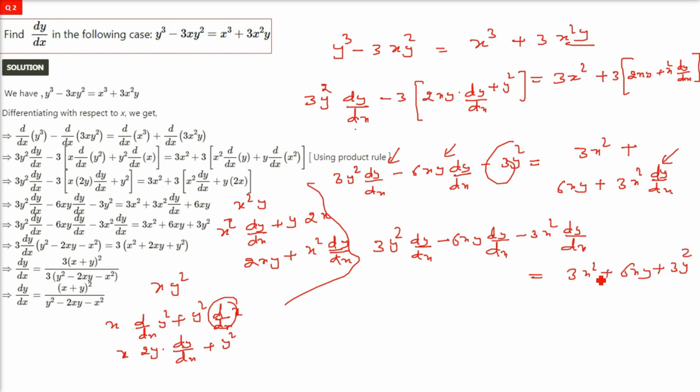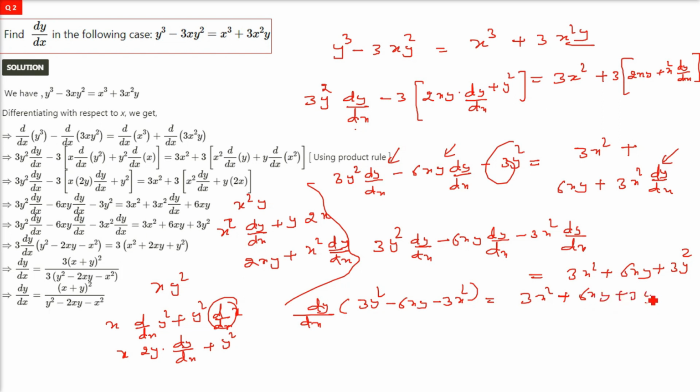Now take this dy by dx common. So what do we get? dy by dx, we have 3y square minus 6xy minus 3x square. Alright, we have 3x square plus 6xy plus 3y square.